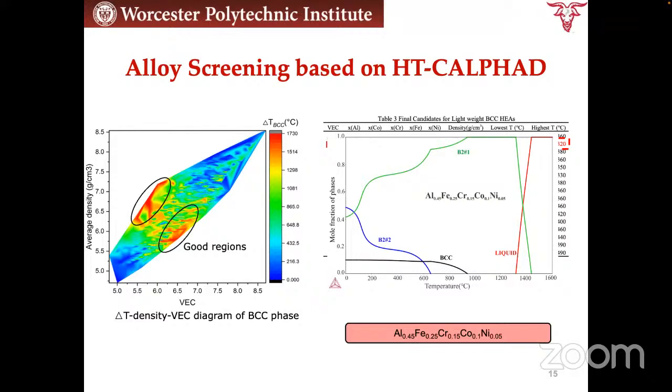Because a lot of this type of work has been done, and these two phases are so close to each other, if you have a single phase and it decomposes like spinodal decomposition, mechanically they can be good neighbors with each other.